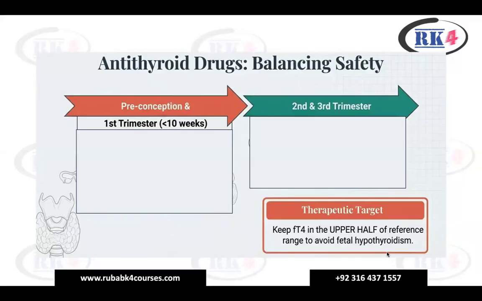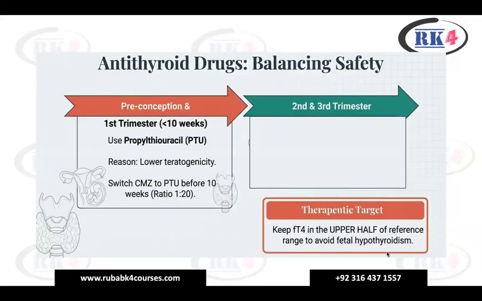Preconceptually and in the first trimester, especially in those patients who are less than 10 weeks, we should use propylthiouracil because it has less risk of teratogenicity. And if a patient is taking carbimazole and she gets pregnant, as soon as she gets pregnant, you should shift her to propylthiouracil, and that should be done before 10 weeks because that is the crucial period of organogenesis.